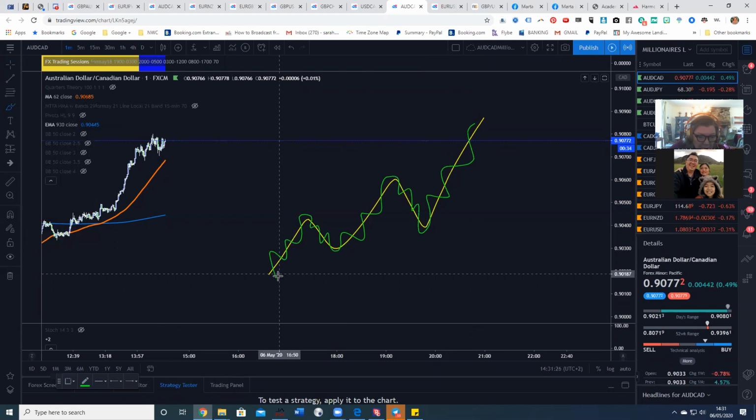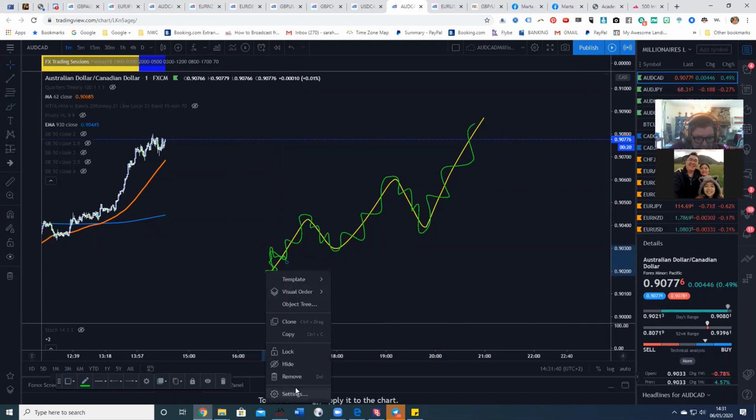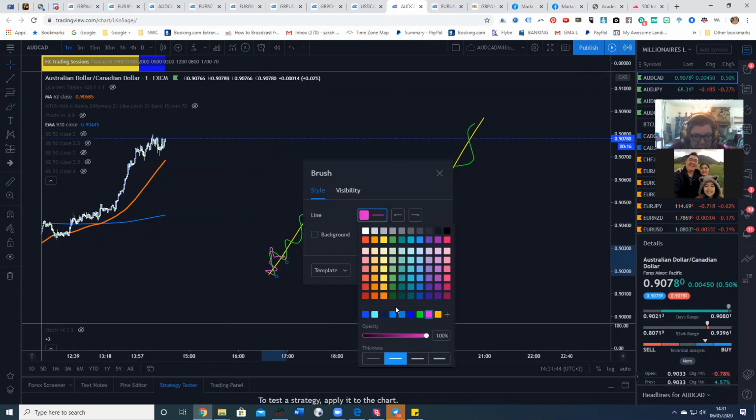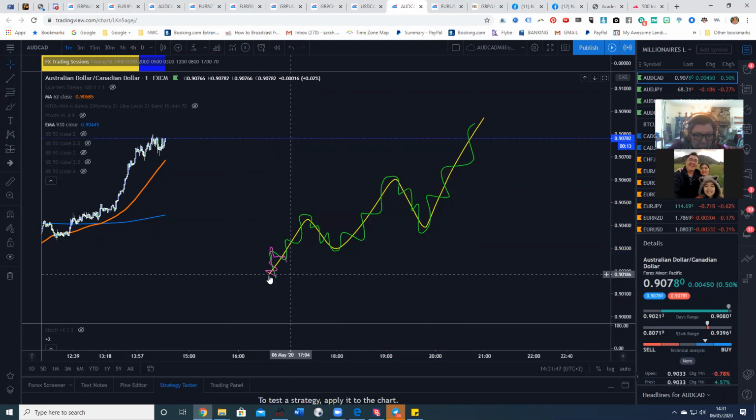You've got 1, 2, 3, 4, 5, 1, 2, 3, 4, 5, etc. So sorry if it's a bit of a scribble. I'll change that to a different color. So what I'm looking at is the 1-minute chart.